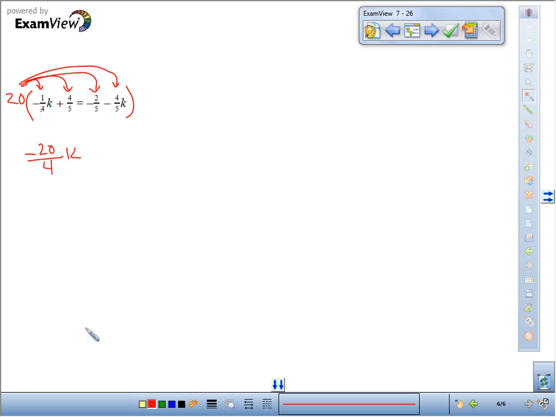And the k goes with it. 20 times 4, 80 over 5, equals 20 times 2, that's a negative 40 over 5. 20 times 4, that's 80 over 5, and that's a k.